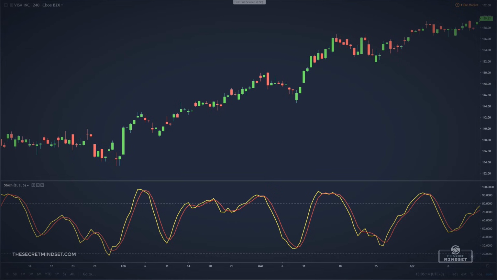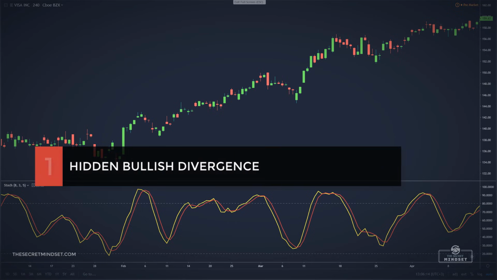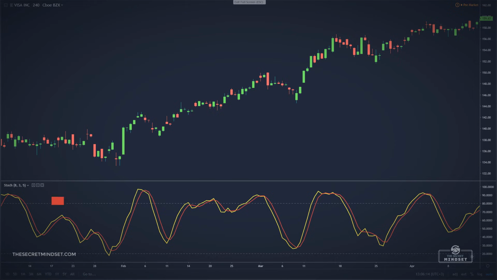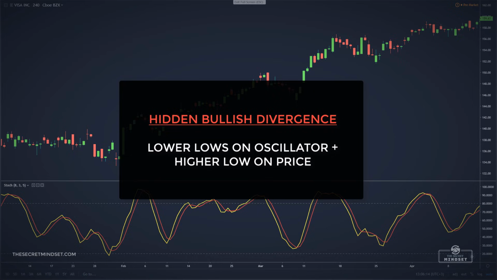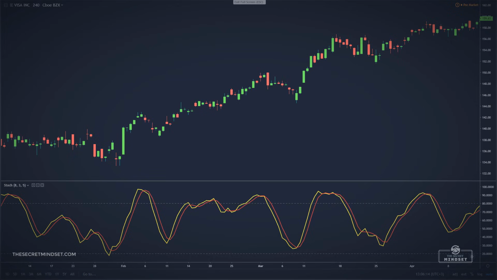A hidden divergence has two patterns. First, we have the bullish hidden divergence. In a bullish hidden divergence, the oscillator makes lower lows, but the price makes either a higher low or a double bottom low. This type of pattern occurs mainly during upward corrections. Let's take a look at this example. The price was in a very strong upward trend and recorded an important correction.